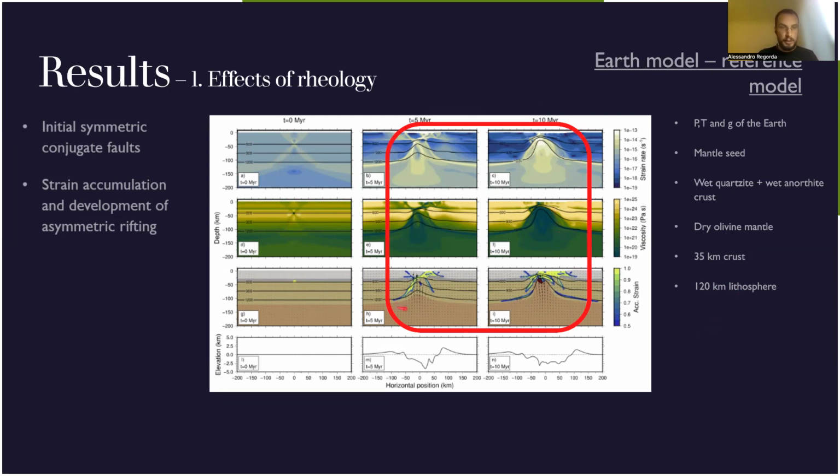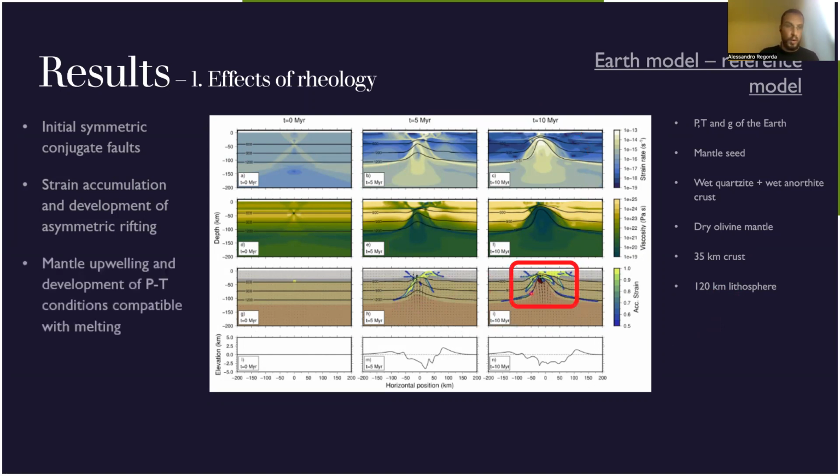There is the upwelling of the mantle here, and the development also of PT conditions compatible with melting. Melting here is just this brown area, and so it is what we can expect from a rifting for the Earth. And of course, there is the development of some topography, asymmetric, with two heights on the sides of the rifting and a basin.